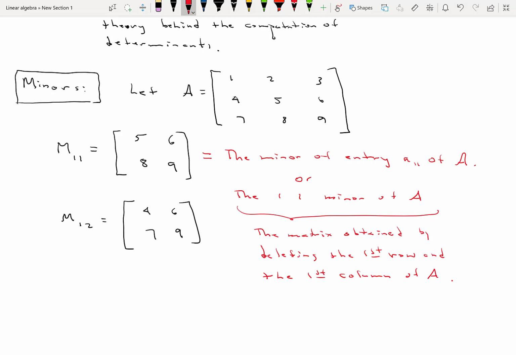To find the 1, 2 minor of A, you take and remove the first row and the second column of A. So remove row 1, and remove column 2.